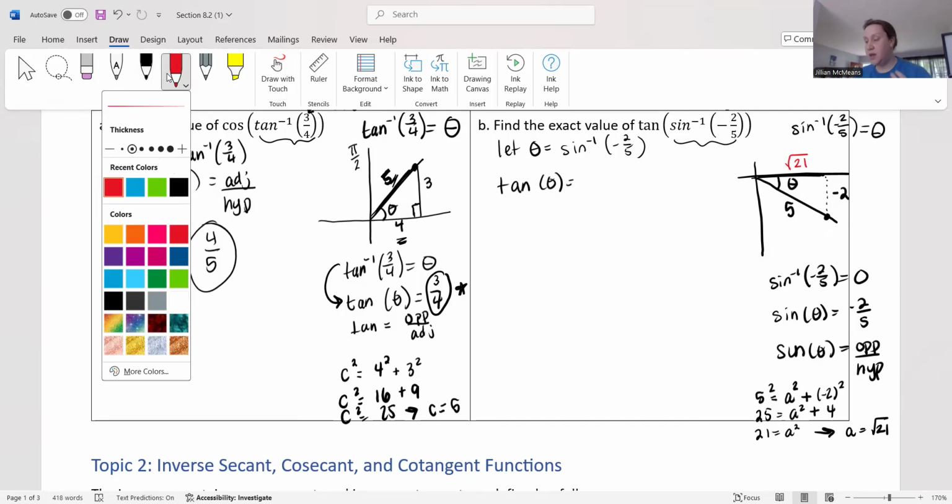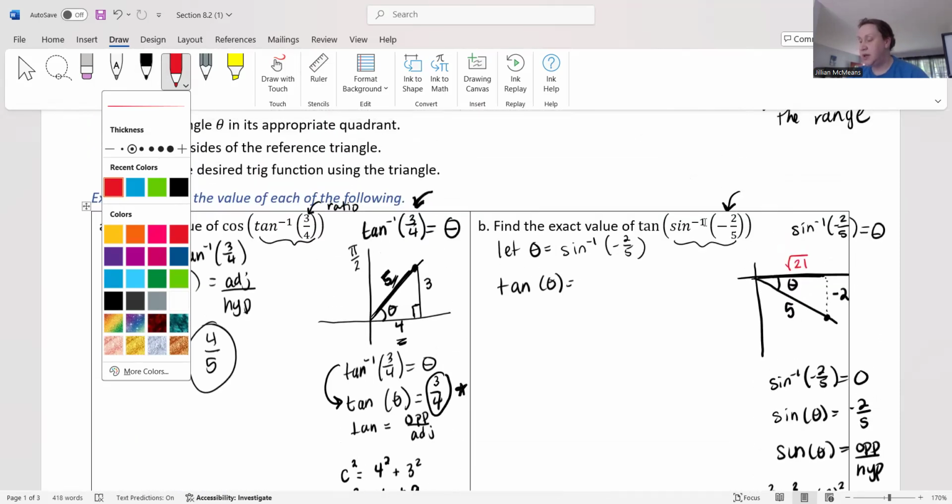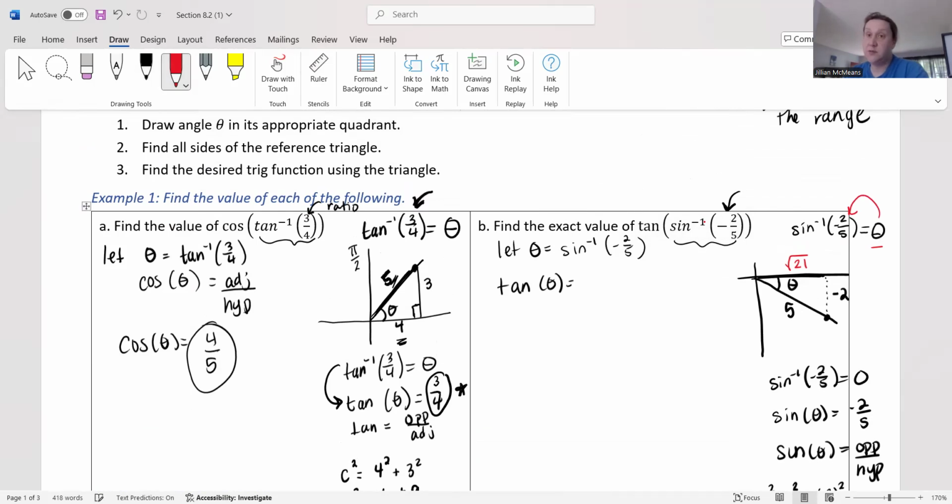Okay, we've done quite a few things here. We were able to draw an angle theta. We acknowledged that theta has a sine ratio of -2/5. So we built our angle and our reference triangle, and we found all the sides of our reference triangle using that ratio for sine and then the Pythagorean theorem. And all that's left is to acknowledge that we know what theta is, essentially, so we can take tangent of that same theta.